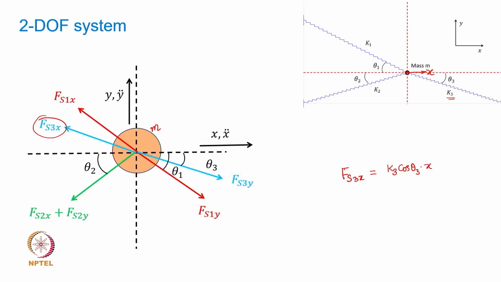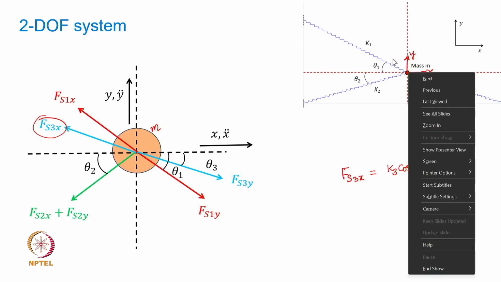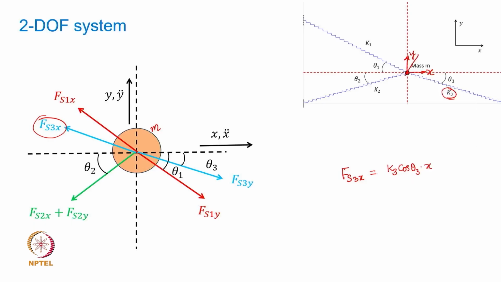But at the same time, if the displacement is along the y direction, positive y, then that mass is going to be causing stretch in the spring S3, whose stiffness is K3. The spring is going to be stretched because of a slight change in the angle theta because of y.